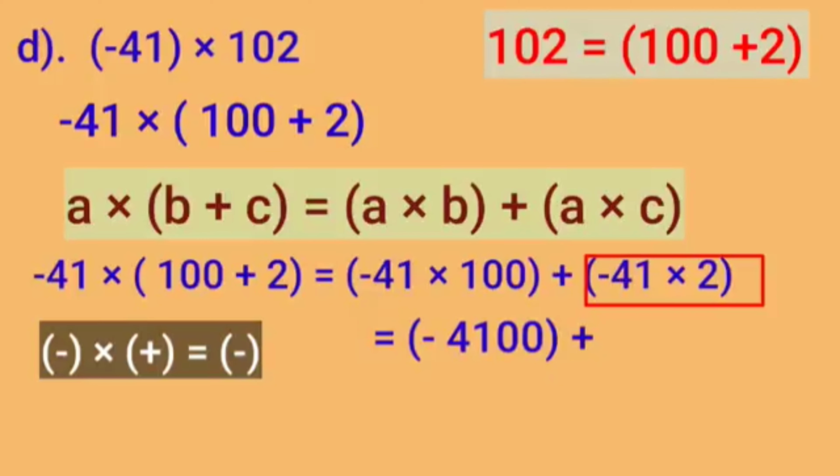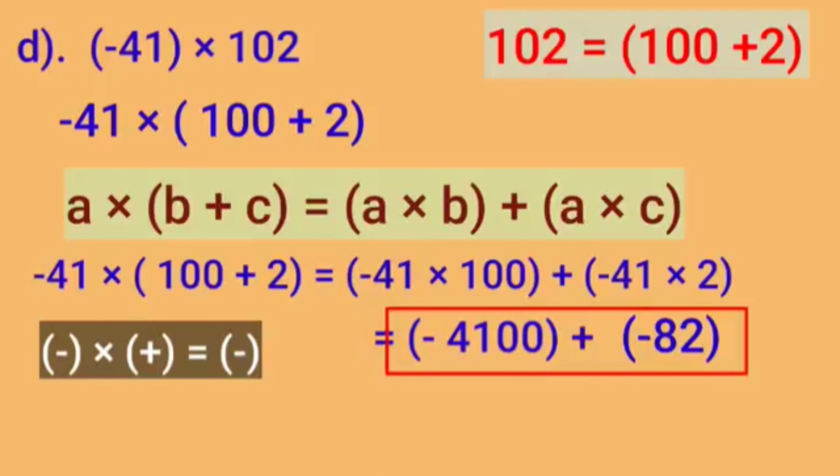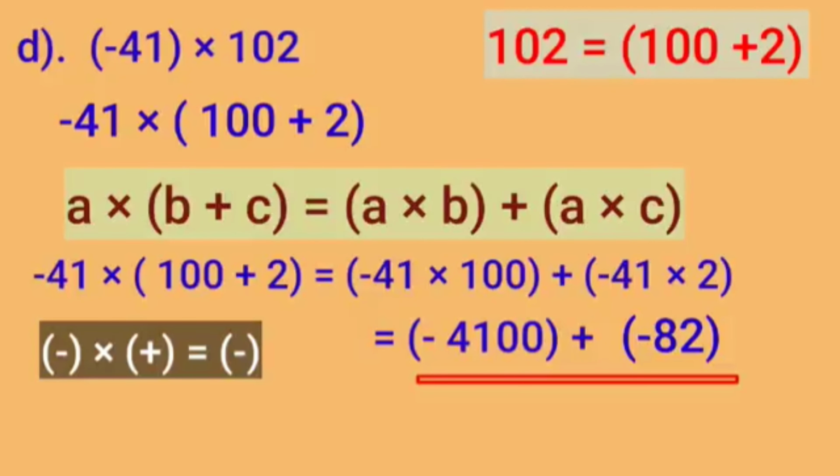Next multiply minus 41 by 2. According to the rule of the multiplication of integers, minus into plus is equal to minus. So minus 41 into 2 is minus 82. Next step, add minus 4100 and minus 82. So minus 4100 plus minus 82.